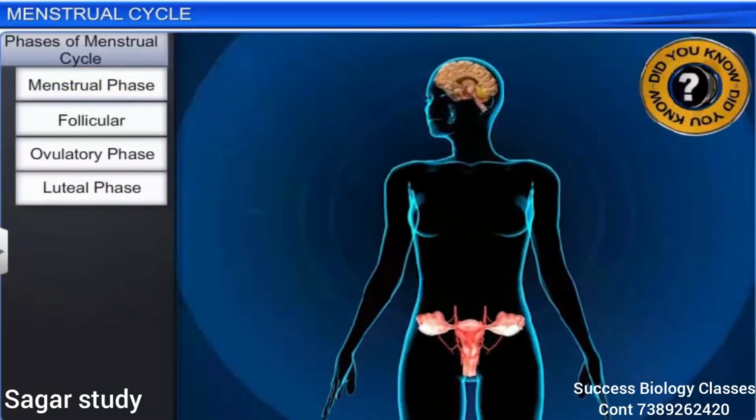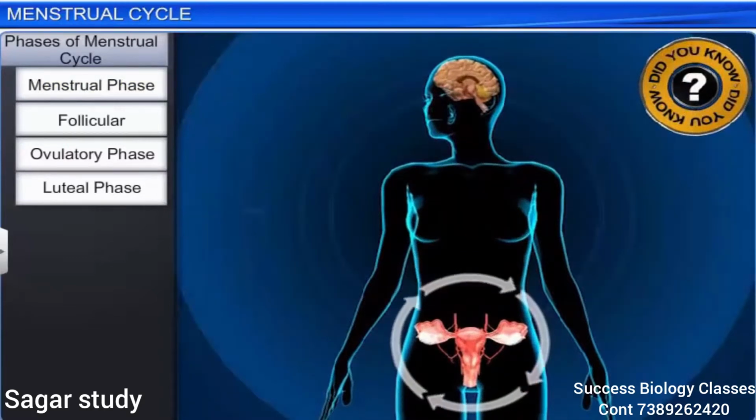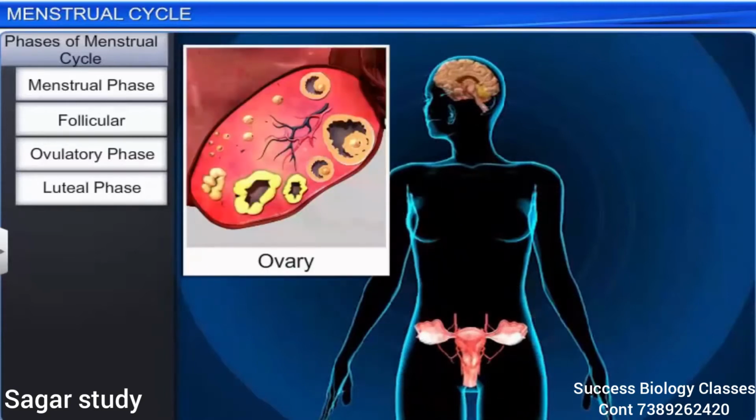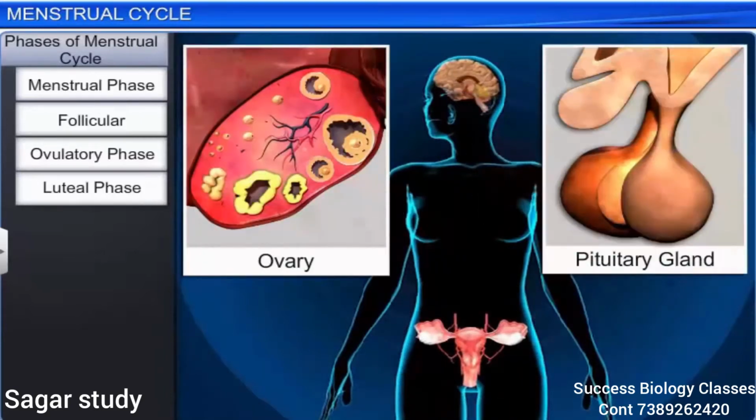Did you know that the phases of the menstrual cycle are controlled by the interplay of different hormones secreted by the ovary and the pituitary gland?